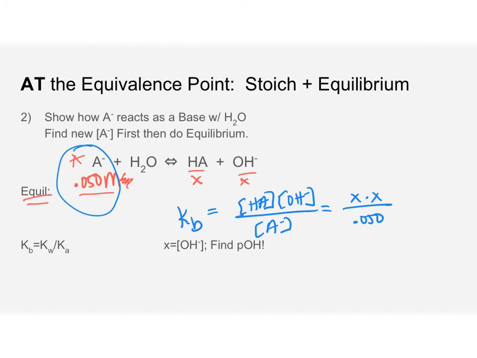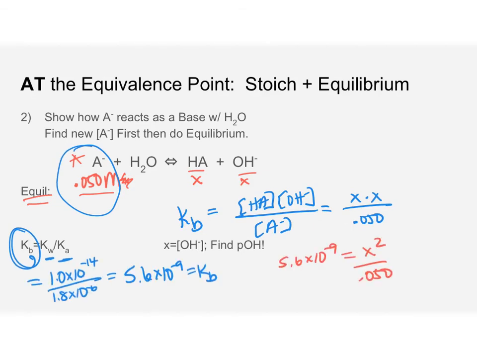But then you might be wondering, where do I get Kb from? Well, we have to remember that Kw is Ka times Kb. So Kb is Kw over Ka. Okay, so now I went ahead and solved for my Kb using my water constant and using my Ka. Then I can plug it in and solve for x.